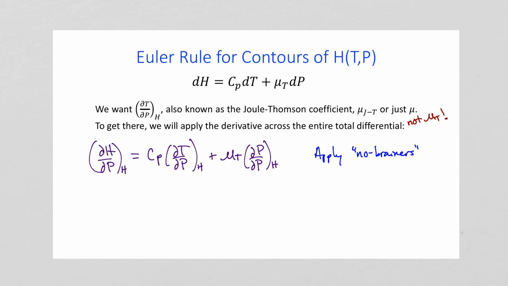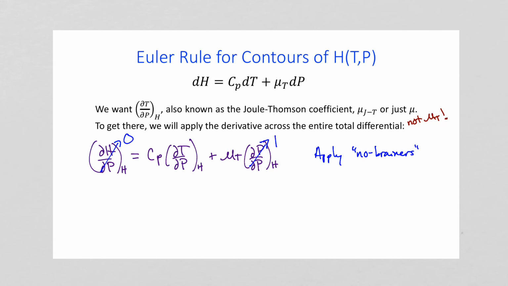Again, we're going to have no change in enthalpy at constant enthalpy, so that one is going to go to 0. And then we have that quantity where we essentially have unity, that's going to go to 1.